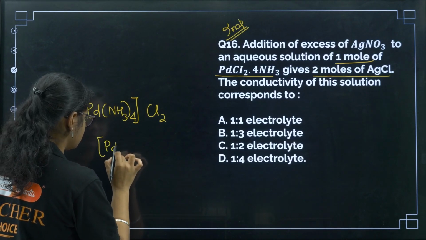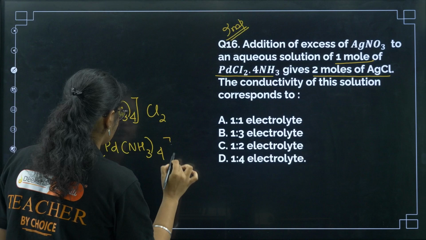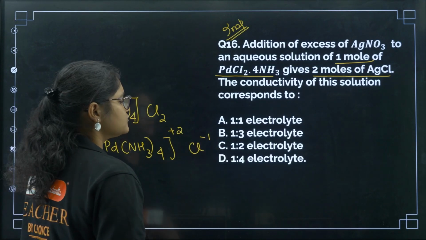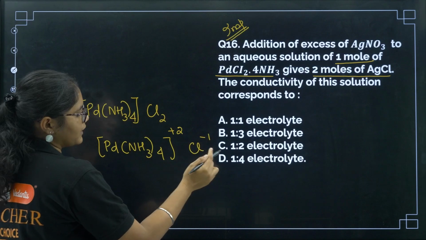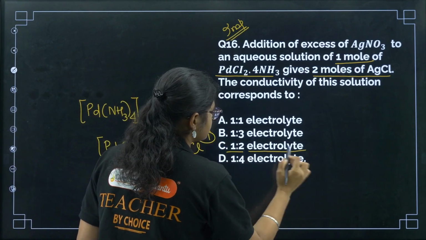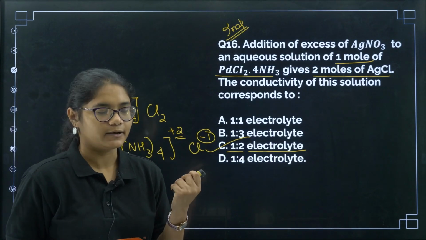The charges are [Pd(NH3)4] 2+ and Cl minus, so this is a 1,2 type electrolyte. Option number C is the correct answer here.